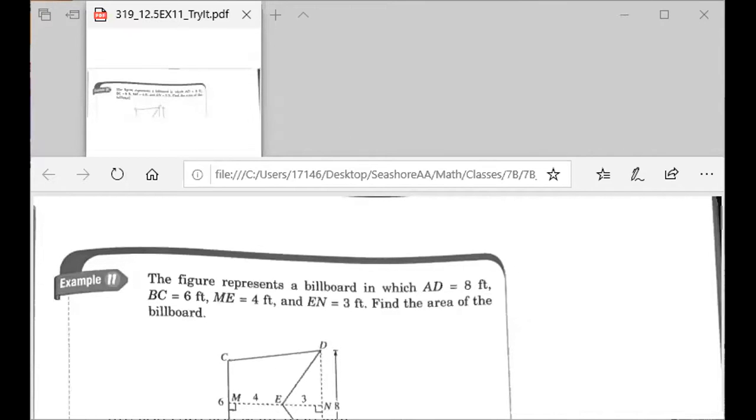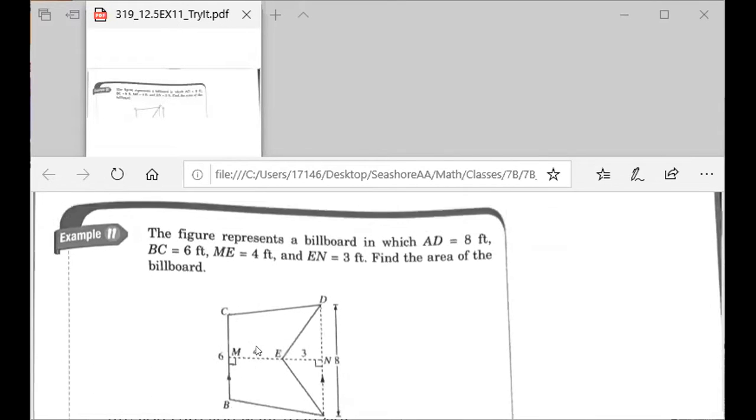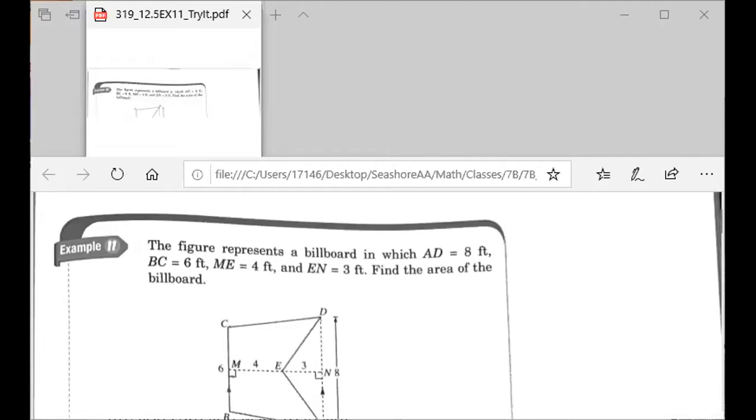Okay, can you see the share screen right now? If you cannot see it, just type 0. Okay, good. Now, can I have Lily read the question for us?